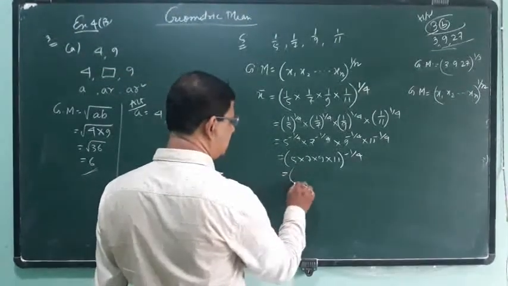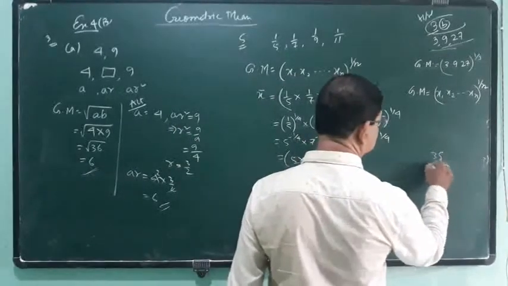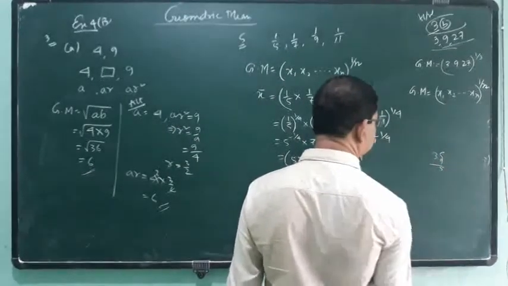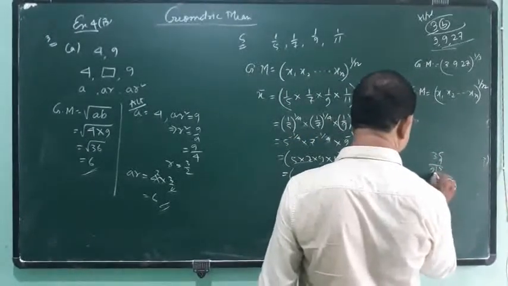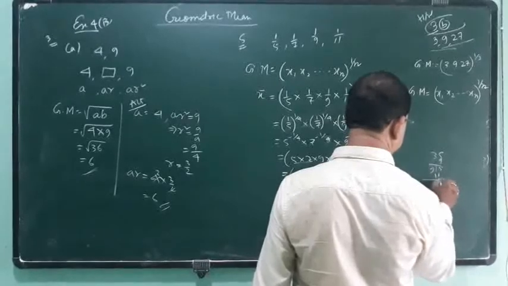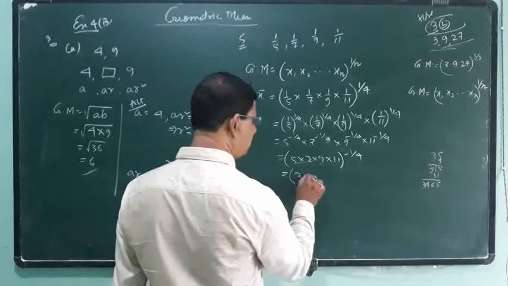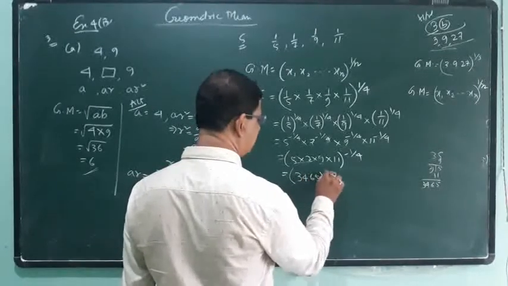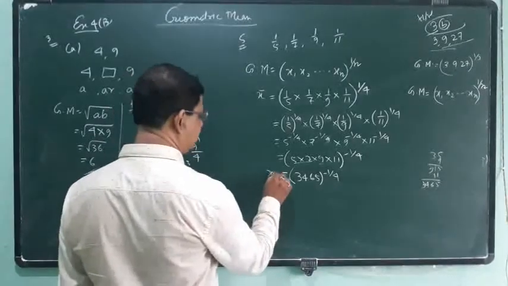So multiply a little: 35 into 9 is 315, into 11 is 3465. So it will be 3465 to the power minus 1 by 4. So x bar is this.